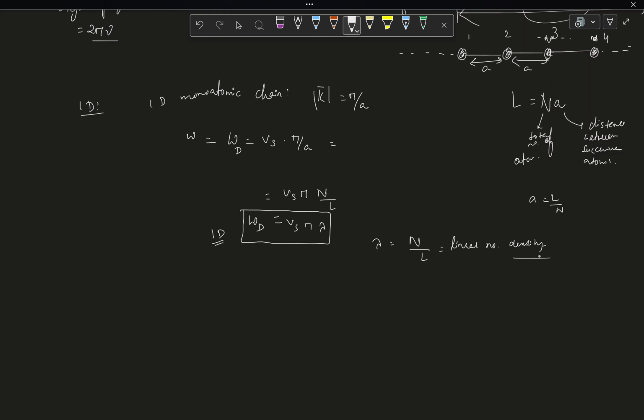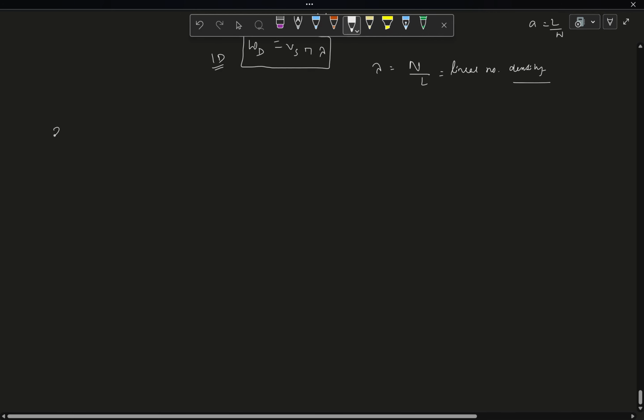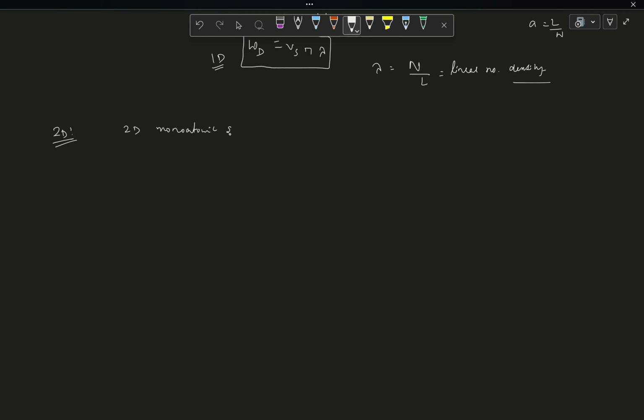Okay. Now for 2D, if you talk about the same thing in 2D, a 2D monoatomic square lattice, the formula is omega d squared, Debye frequency squared, equals Vs squared into 4 pi by A squared, right?